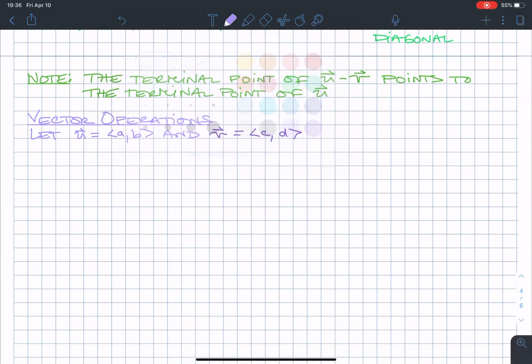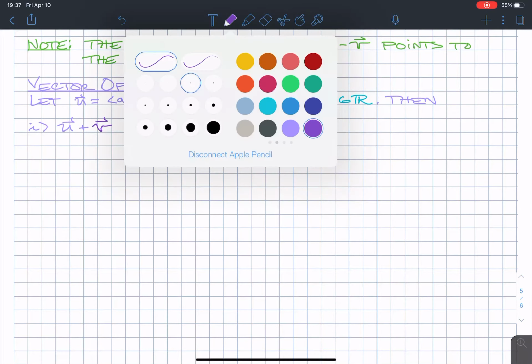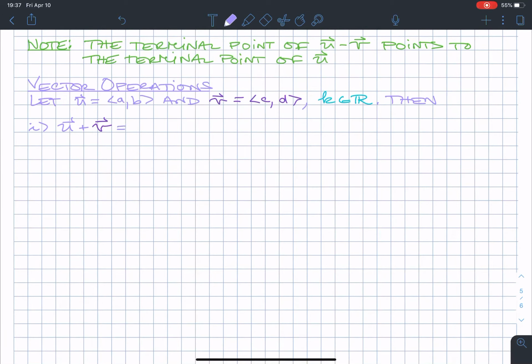And let's have k be some constant, some real number. So then we have the following vector operations. So number 1, u plus v is going to be a plus c, comma b plus d. That is, I can add vectors component-wise, much like I do with points or coordinates.